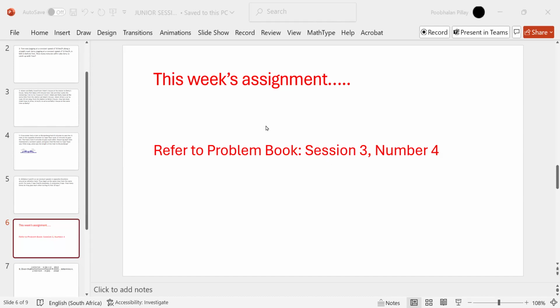So this week's assignment, right? It's session 3, number 4. I'm not writing down the question. If you go into the problem book, go to session 3 and look at number 4, and that is your assignment for this week. Today is Thursday, so you can work on that assignment and submit it as you have done in the last 2 assignments.